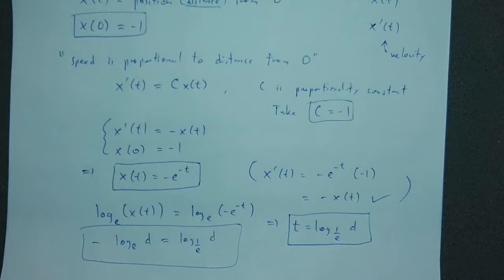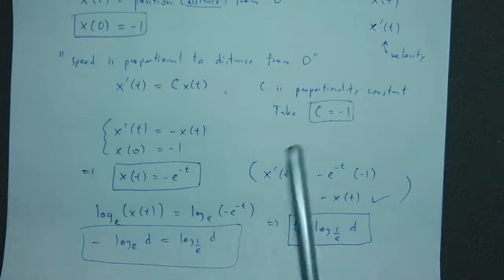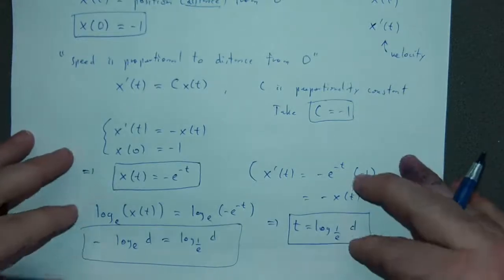Okay, and so as it's written here, this logarithm of some d, this distance, is the time t at which this particle is exactly that distance specified from the origin. So first question.